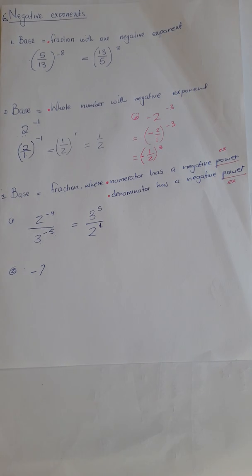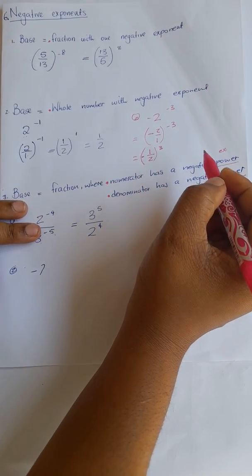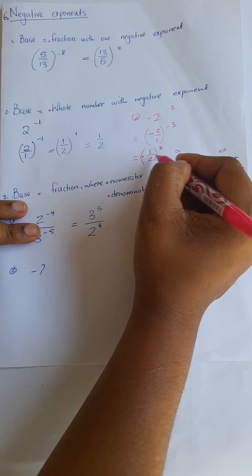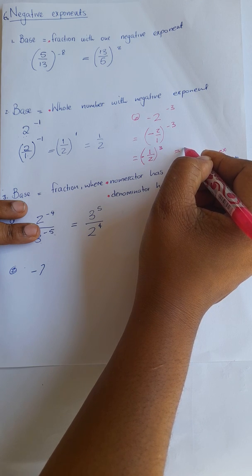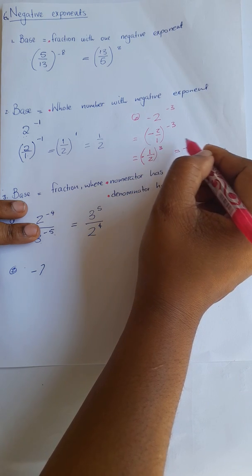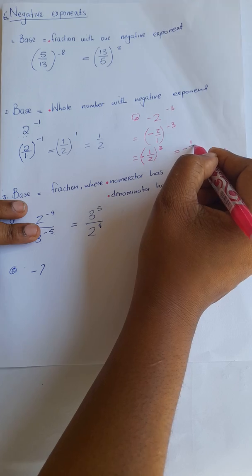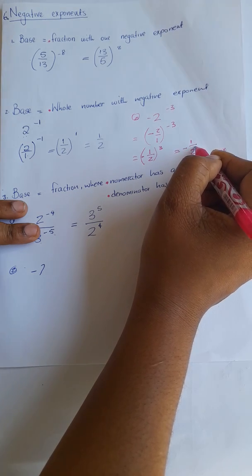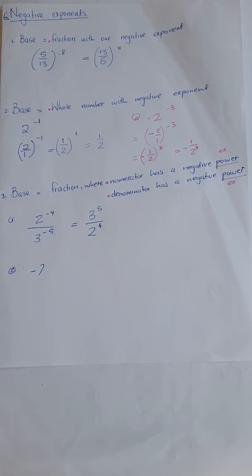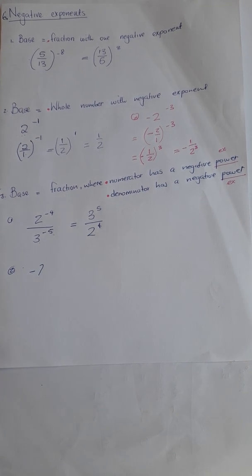Do you follow? If we simplify this further, we will have minus, and 1 to the power 3 will be 1, and 2 to the power 3 stays as 2 to the power 3. Then we have simplified that further.